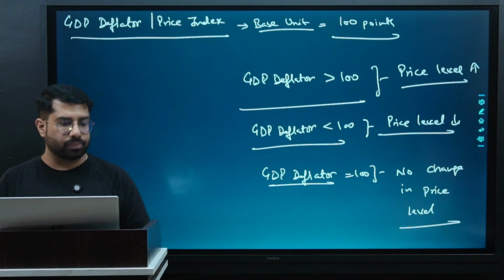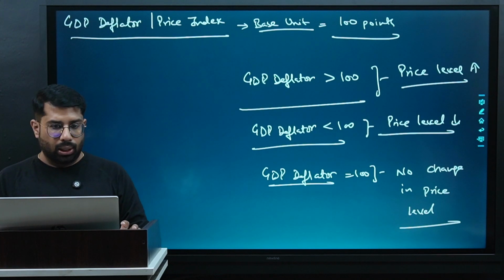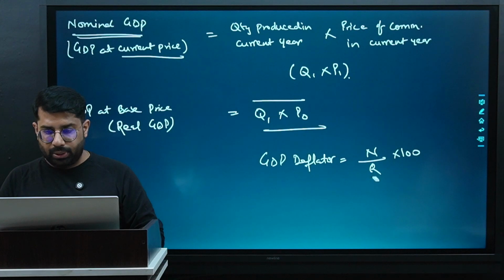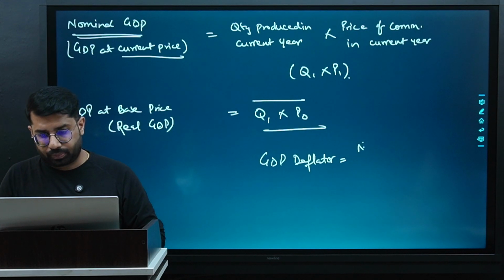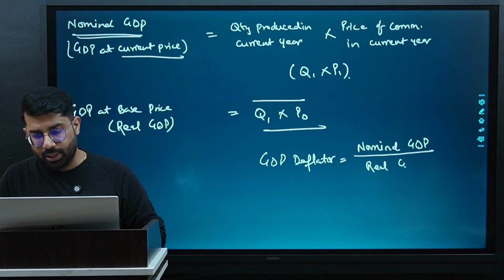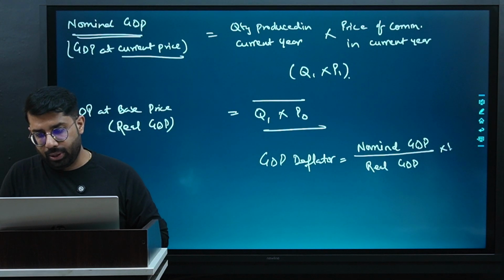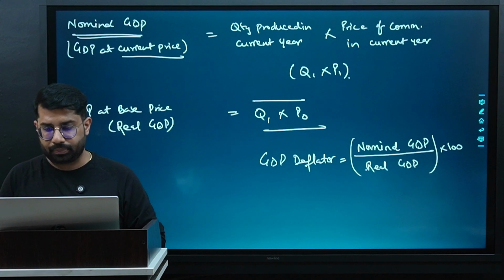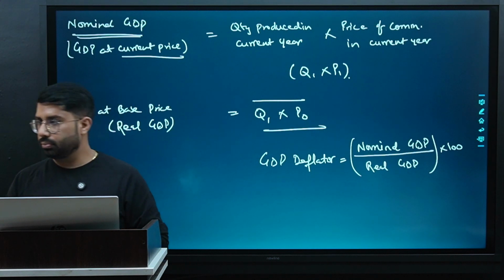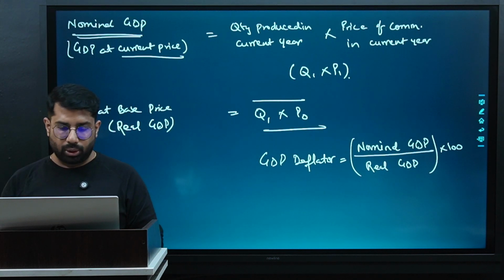People, yes? Great. After this, you note down the formula, please. Let me write it once again. Let me write it complete. Let us write nominal GDP divided by real GDP into 100. One second, let them note it down.